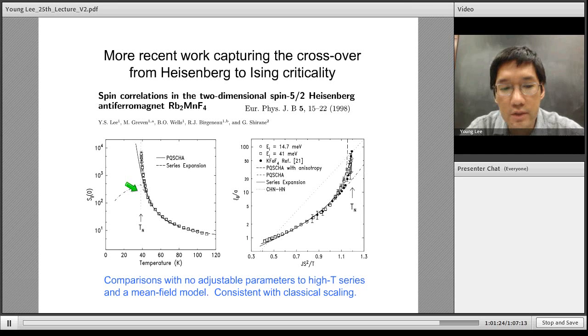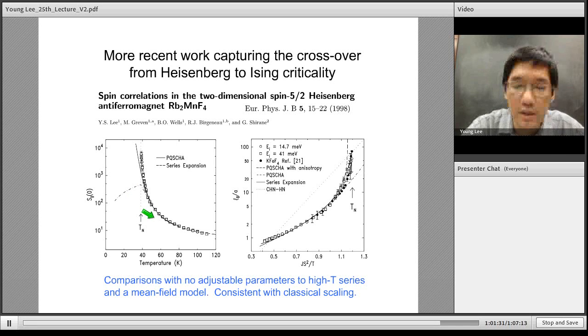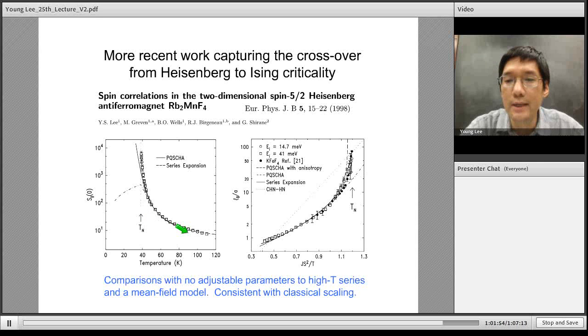So when you're close to Tn, it's true that the Ising fluctuations dominate, but once you get to, let's say, 20% above Tn, so roughly 50 K and higher, you should be dominated by Heisenberg fluctuations. You're no longer in the Ising critical regime. So at these high temperatures, you are looking at the 2D Heisenberg model and how those fluctuations change with temperature.